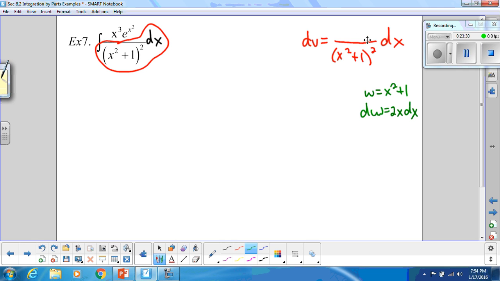So the problem with this over here is that I don't have the 2x, right? So I can borrow, here's the tricky part, I can borrow from this other algebraic part here. So instead of keeping that as x cubed, I'm going to break it up into an x and an x squared. And I'm going to make the x go with the dv. Okay, so we're going to swing that over into the dv part, because that's what I really want over here.